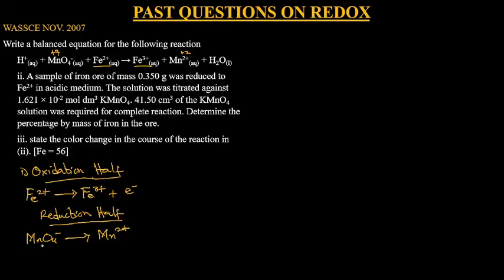So again, we have to make sure that everything is balanced. Now the manganese here is 1 and over here it's 1. So it is balanced in terms of numbers. What about oxygen? Oxygen here is 4, but we do not have any oxygen here. So how do we balance oxygen? We introduce water, and the water will have the same number as the number of oxygen that we have on the side that has the oxygen.